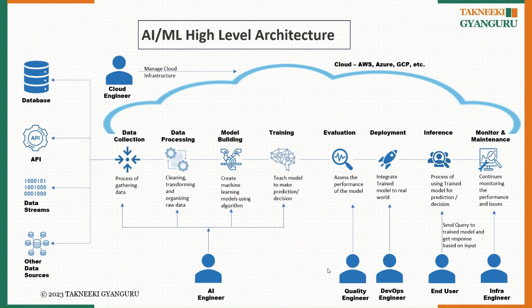So this is the AIML high level architecture. What is the AIML architecture, right? So we will discuss the AIML high level architecture. So how will AIML work, right? Let's first understand how AIML works. AIML is basically a pre-trained model, right?